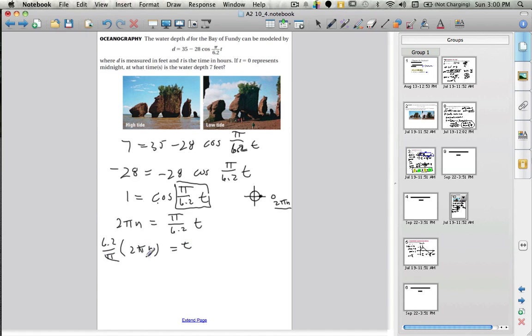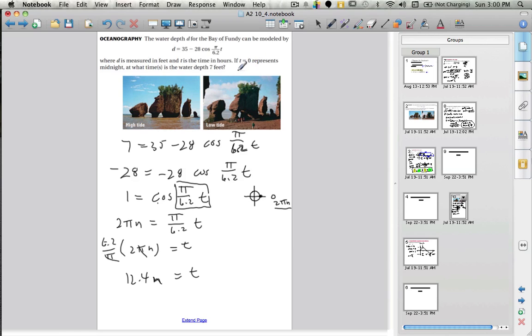Right, the pi cancels with the pi. 2 times 6.2 is 12.4. N is equal to t. So what values of n could I use if I'm going to stay in the time period, right?